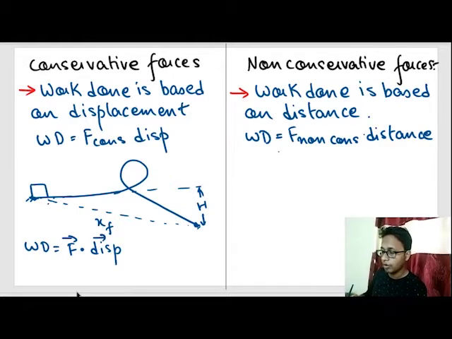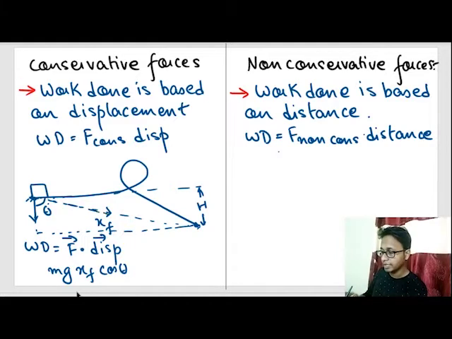Or it is equal to mg. mg is downwards and displacement is towards this direction. So mg into xf into the cosine of the angle between these two directions, cos theta. Now can I complete this triangle?